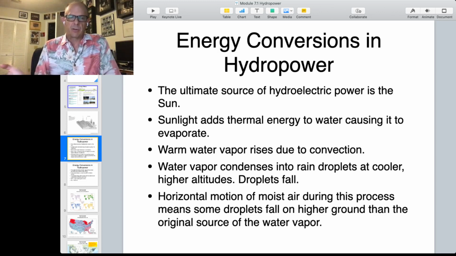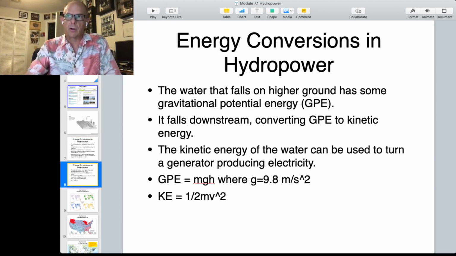During that process, there's some horizontal motion of the air that means that some of those droplets of water end up falling on the ground. So that water now has gravitational potential energy, and as it runs downhill in rivers, that gravitational potential energy is converted to kinetic energy. Well, that's a high quality energy.